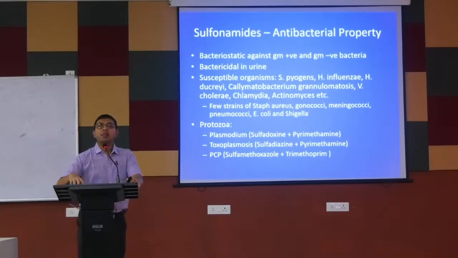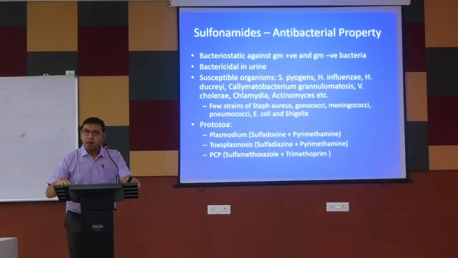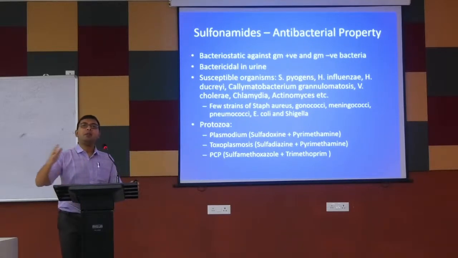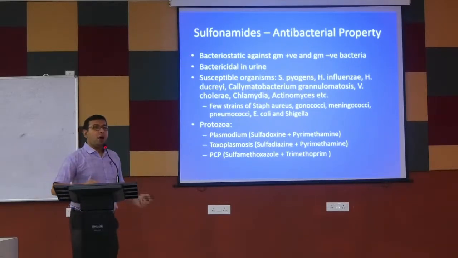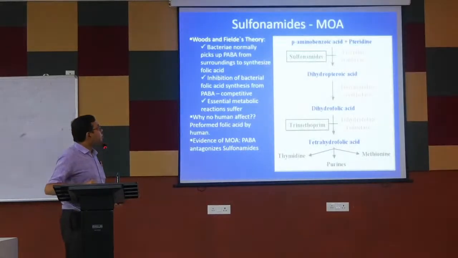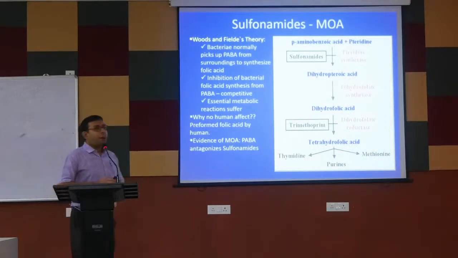If those persons have a very low CD4 count, they are susceptible to different types of infections, be they bacterial, fungal, viral, etc. Of these, one of the important ones is Pneumocystis carinii pneumonia, and this can be treated by the sulfamethoxazole plus trimethoprim combination. So how does it act, the mechanism of action?